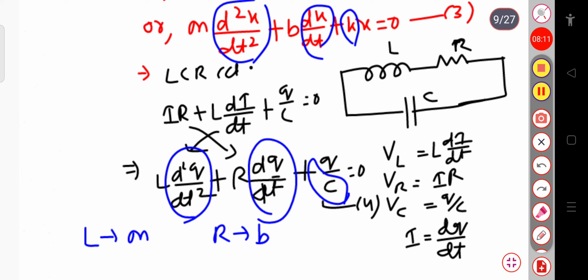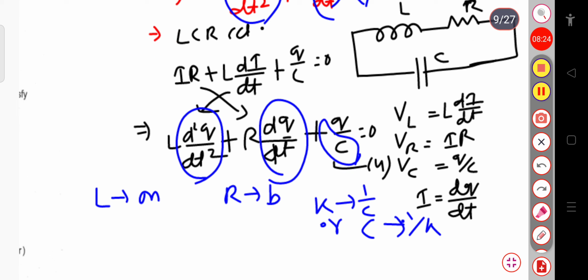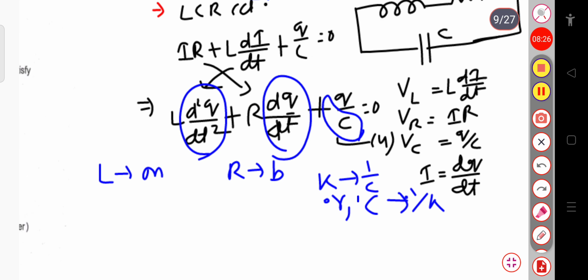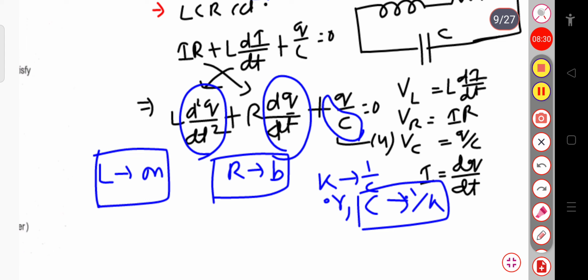So here the coefficient of x is k and the coefficient of q is 1 by c, or we can write C is equivalent to 1 by k. So these are our relations: L is equivalent to mass, R is equivalent to b, and C is equivalent to 1 by k.